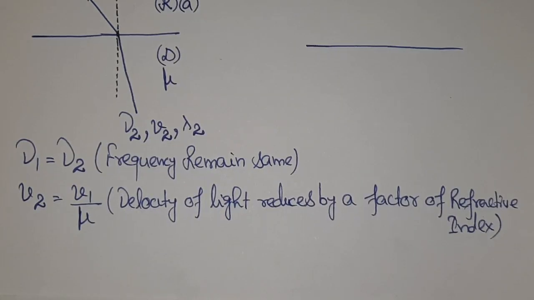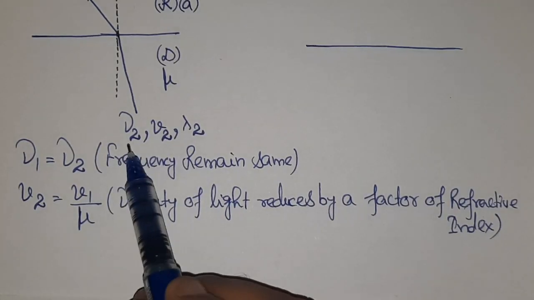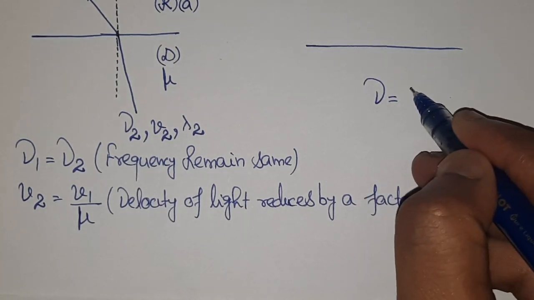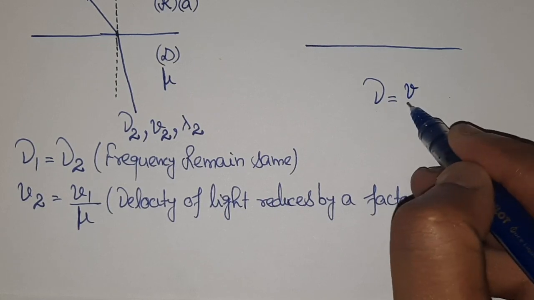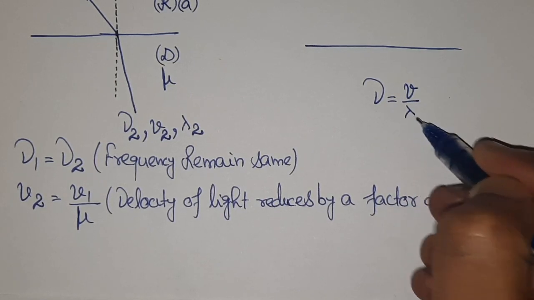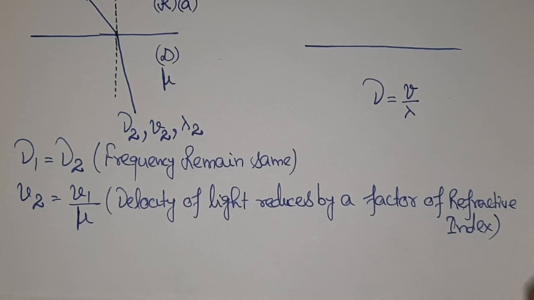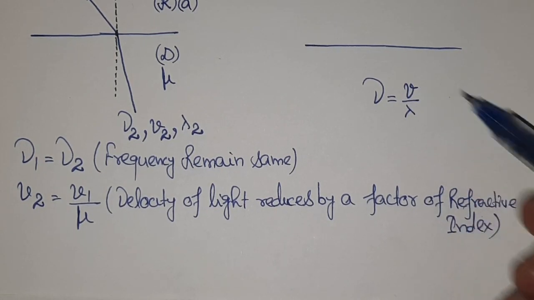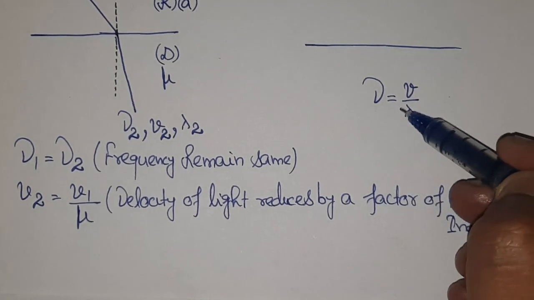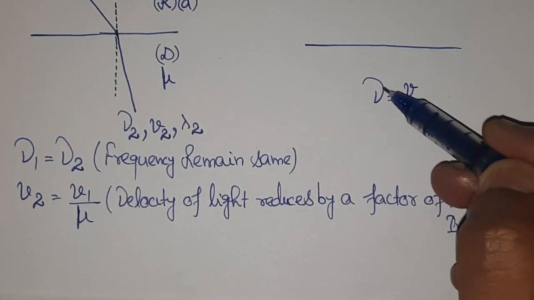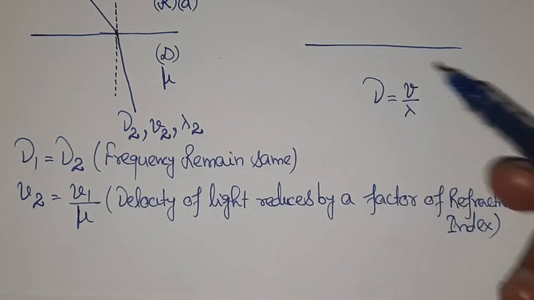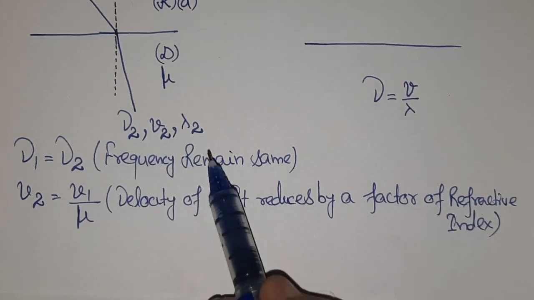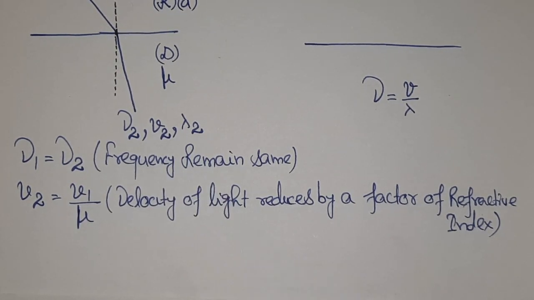Now what happens to wavelength? Now look, frequency is equal to velocity of light divided by wavelength. By whatever factor the velocity changes during refraction, the wavelength must change by the same factor, because the frequency does not change in refraction. So wavelength will also reduce.